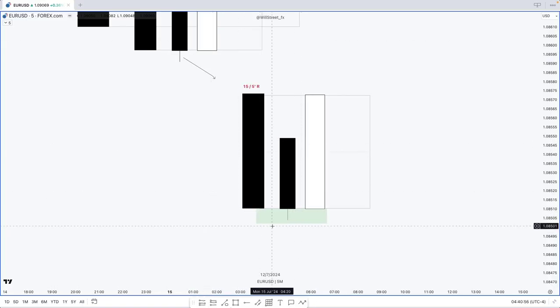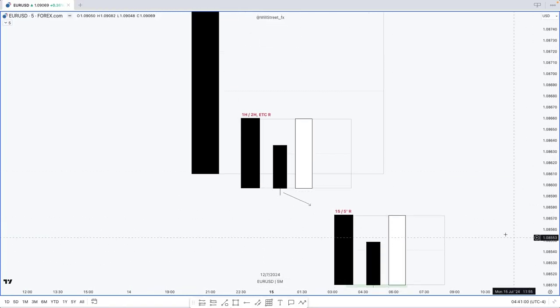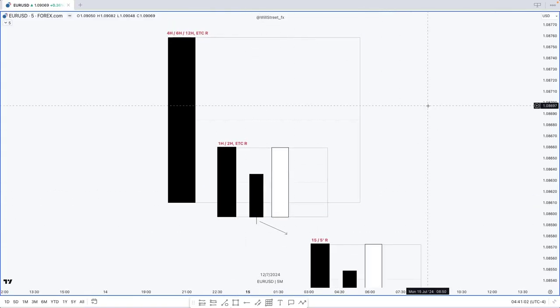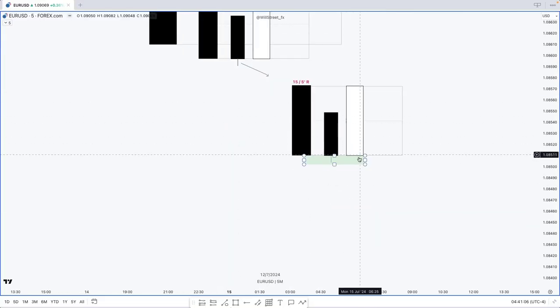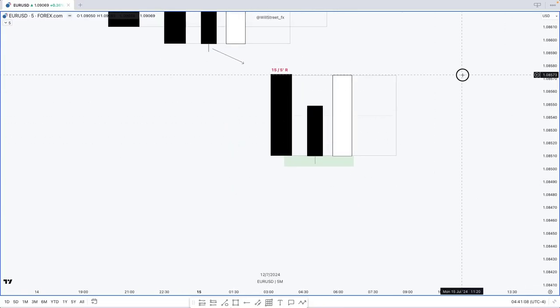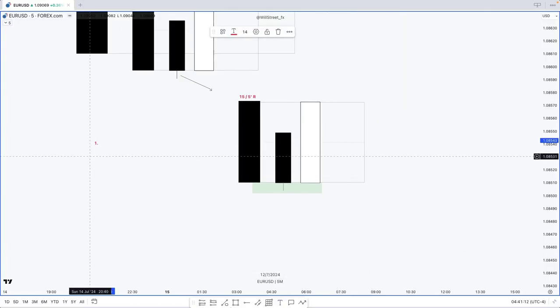There is nothing more optimal than the turtle soup that creates a swing of the movement. You can't get any lower than this. So this will be the first one. Turtle soup or failure swing.